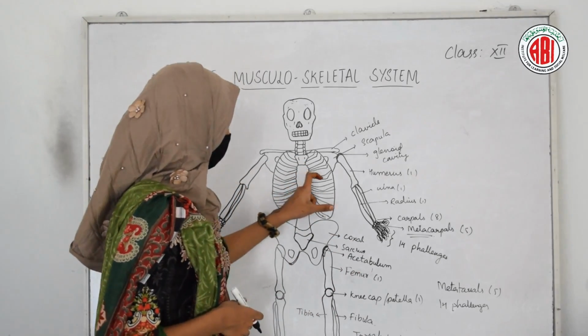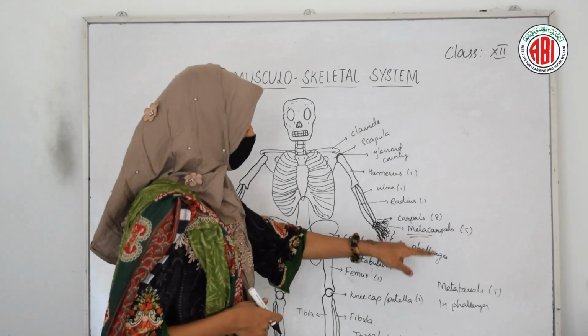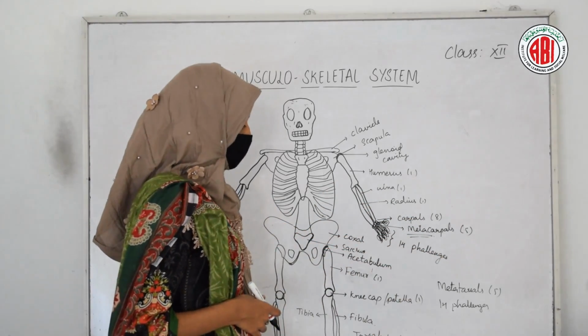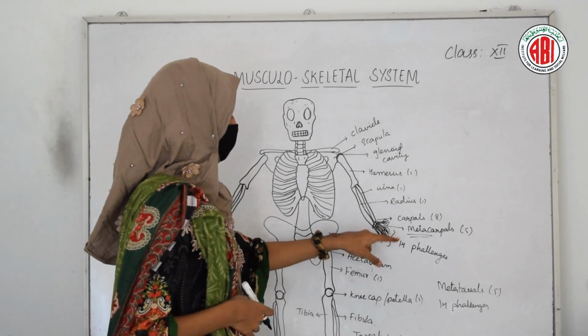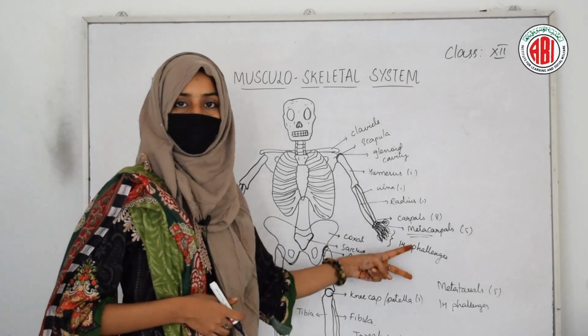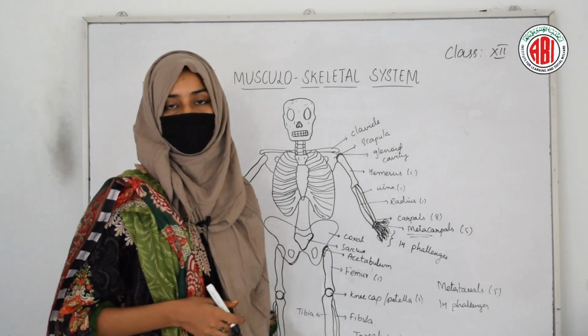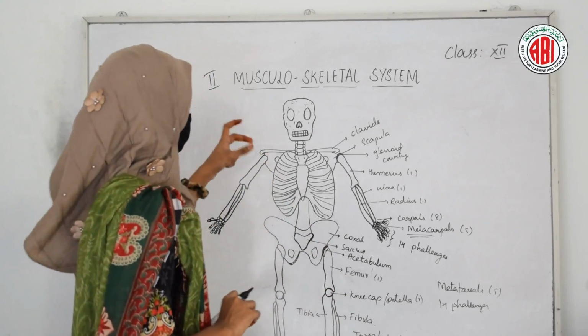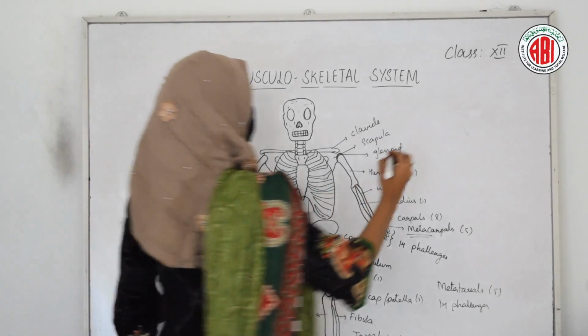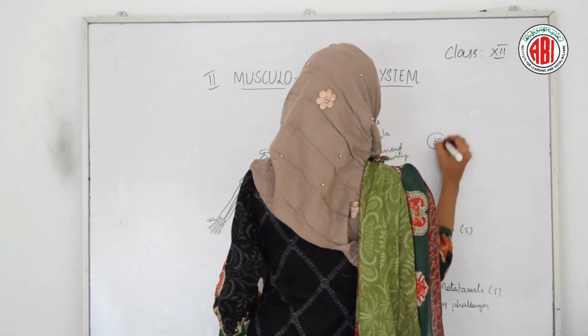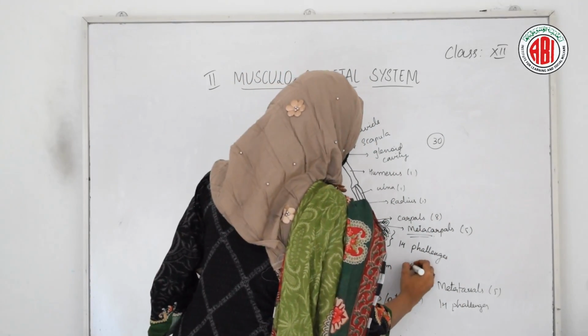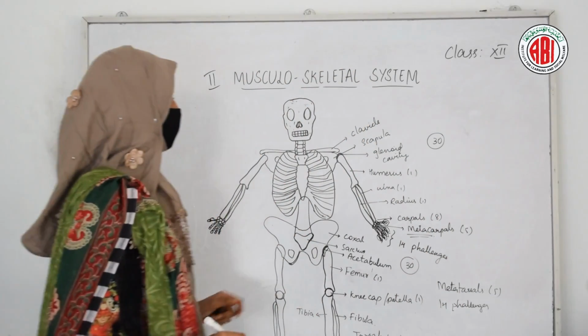In the arm metacarpals are 5. In our legs, metatarsals are 5 in number, and 14 phalanges are present in both our upper limb as well as our lower limb. So when you sum up all these bones, 30 bones are found in our arm, and even 30 bones are found in our leg.